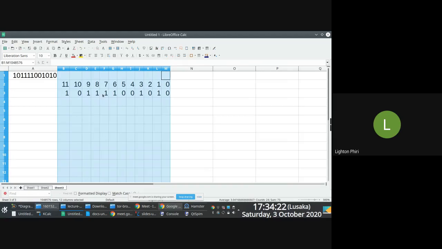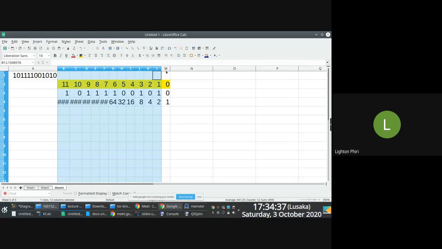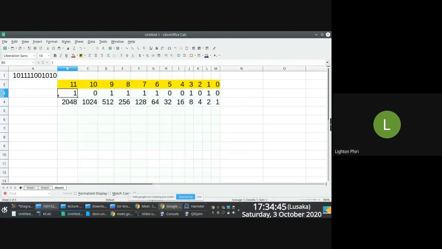Observe, I'll highlight these in yellow so they don't distract us. This is going to be 2 to the power 0, all the way up to here. This is a method we've come up with when converting binary to decimal. Then we multiply these with the evaluated powers of 2.